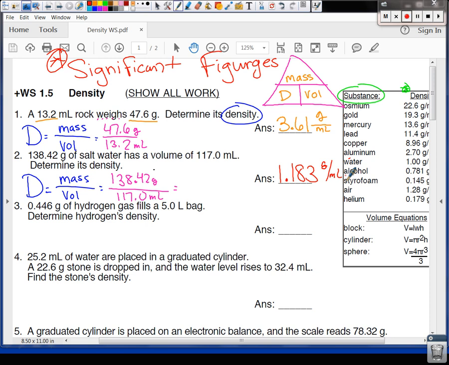Then leave it alone. Plug it in as it's written. So your unit would not be grams per milliliter, it would be grams per liter. So if it's ever already in a volume unit, leave it alone. Don't mess with it. You can change it if you want to, but don't. Okay? So go ahead and see if you can solve for that answer, and see if you can get the right number of sig figs. Again, I don't expect you to get it right, but if you do, that's good.